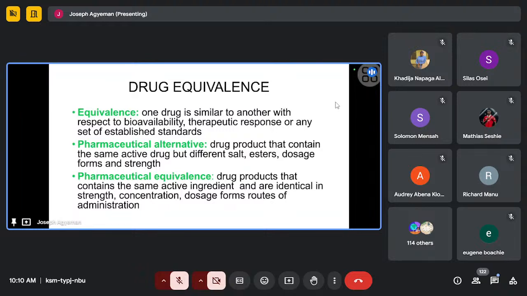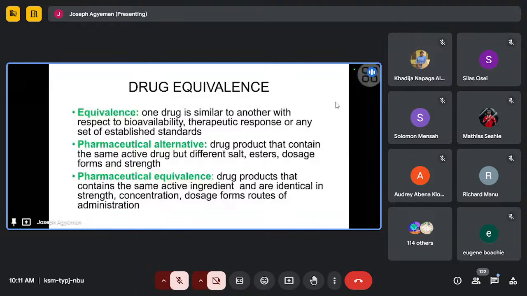You set your own standard that if a drug falls within a range of 95 to 100% in terms of the amount that will go into the bloodstream from the point of administration, it doesn't matter whether it is IV, IM, rectal, or oral. At the end of the day, if you get 95 to 100% of the drug in the bloodstream, then you can say that those drugs that fall within there are equivalent in terms of bioavailability.